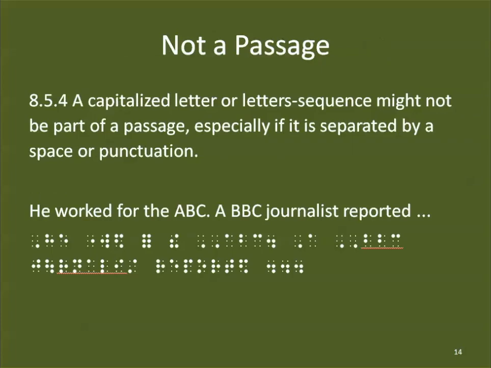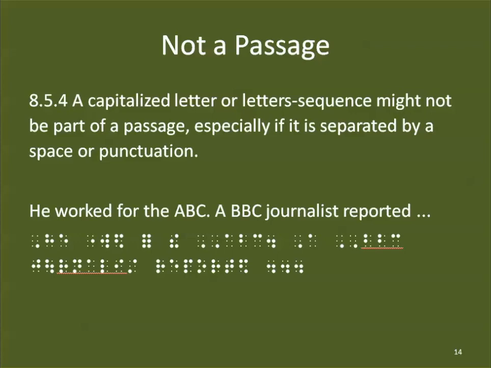Sometimes things are not actually a passage, even though it technically is three symbol sequences that are capitalized. A capitalized letter or letter sequence might not be part of a passage, especially if it is separated by space or punctuation. So here's an example. He worked for the ABC, period. Starting a new sentence: A BBC journalist reported something. So ABC is part of one sentence. The word is capitalized because it's at the beginning of a sentence. That's just a grammatical practice that we do.